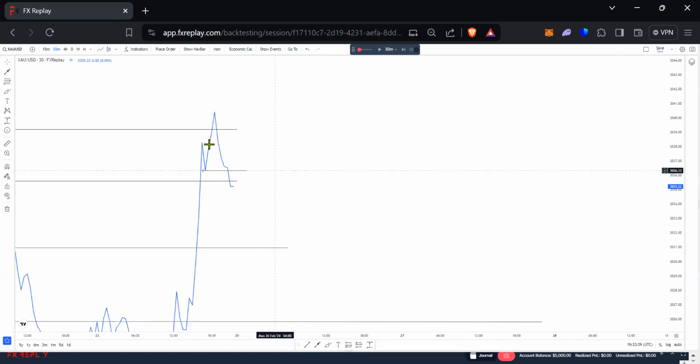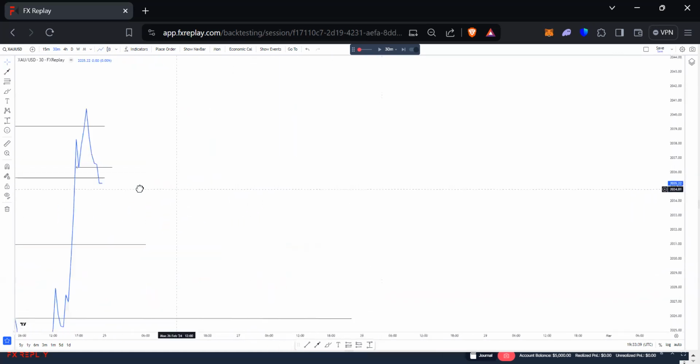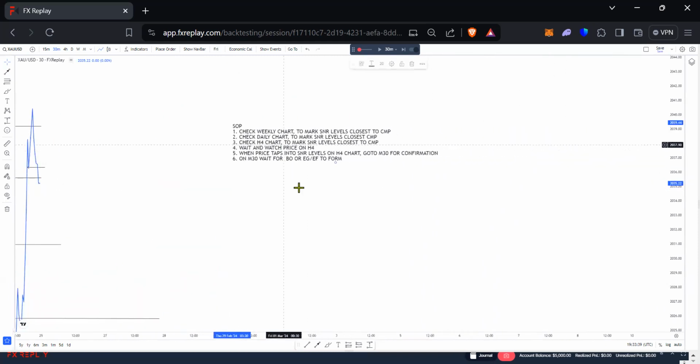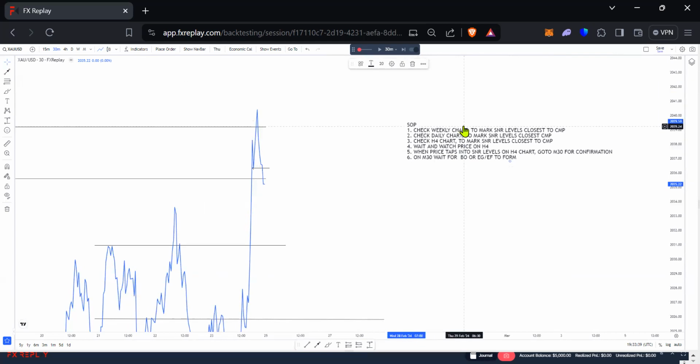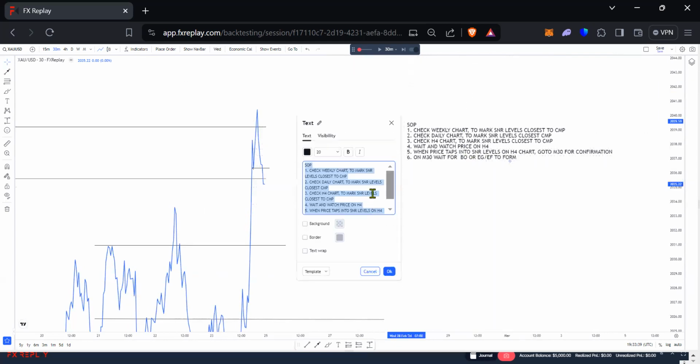Now, immediately after this breakout, I want you to follow through back to our SOP, right? Immediately after this breakout, you would enter immediately. Enter on breakout level or EG level and put your SL above or below the I or the low.